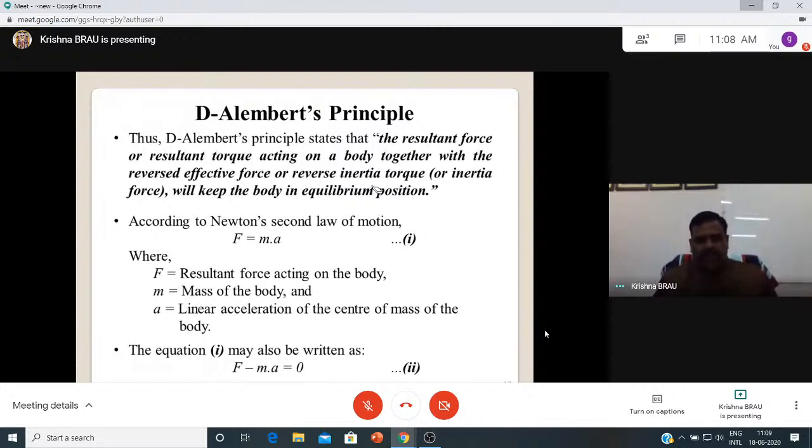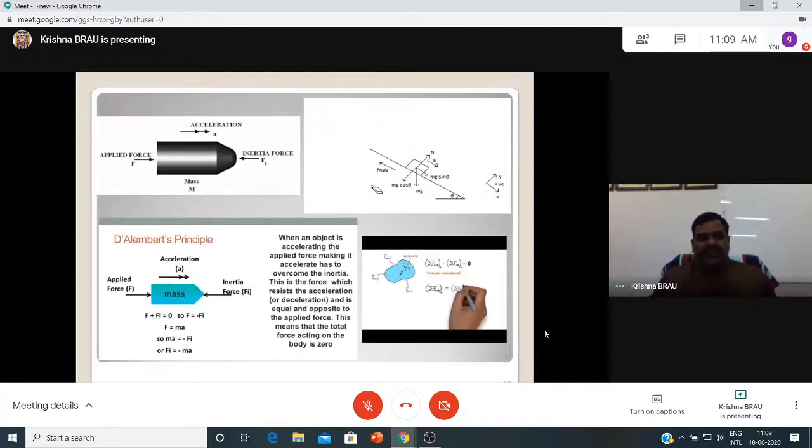See now, let us consider the same. The body has a mass, and due to the applied force, the mass or a bullet is moving. Now I am applying the inertia force in the opposite direction. Actually, this is a force proportional to the acceleration, acting in this direction. But that inertia force, mass into acceleration, I am putting in the opposite direction.